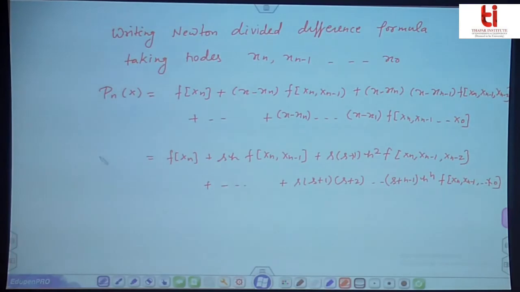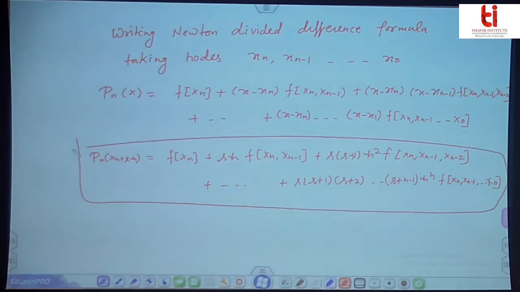This is Pn(xn plus sh). This is also a modification, the Newton divided difference formula, because divided difference is involved here when the nodes are taken backward, from xn to x0.